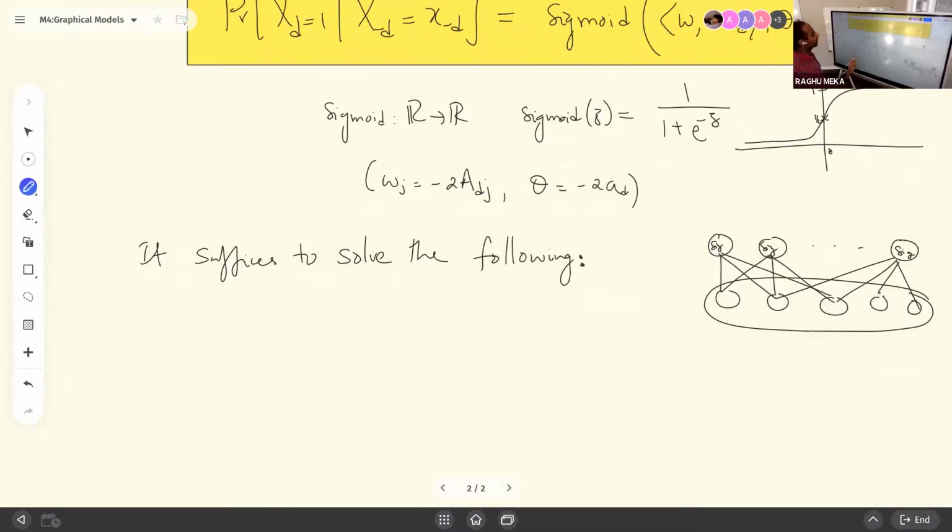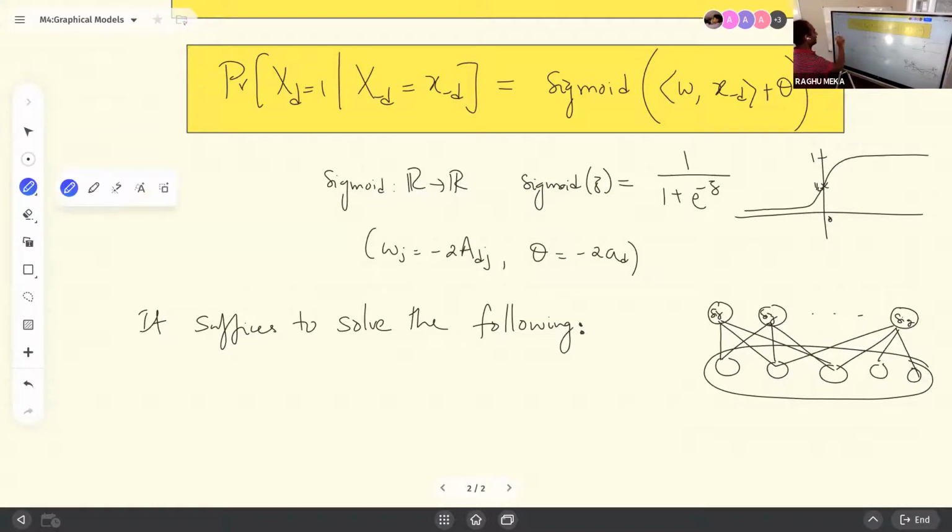I'm going to change notation a little bit to make it more clear as to what we're doing. This xd, all but the last coordinate, sorry, I'm going to call it a new variable.